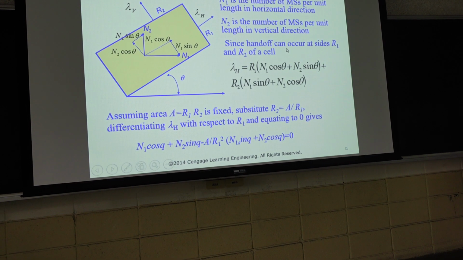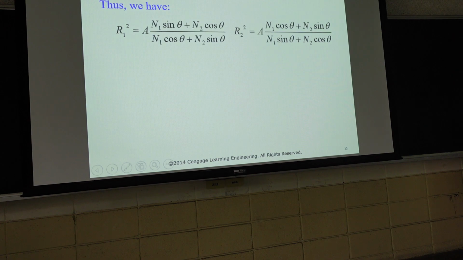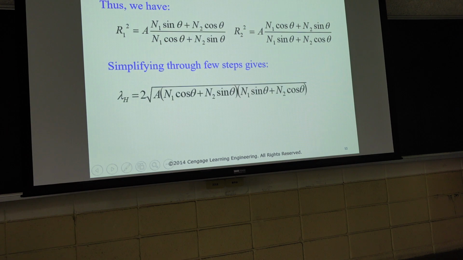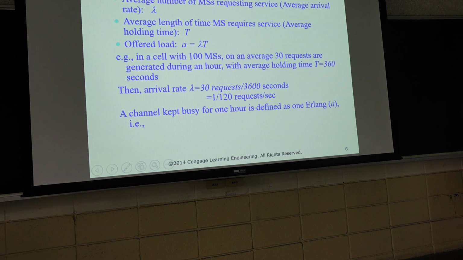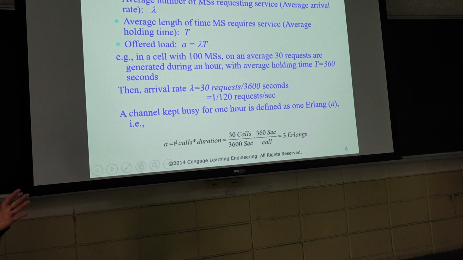Therefore, we can have the handle rate, and if we want to optimize the parameter, we can minimize the handle rate. Finally, through minimization, we can have the results here. Okay, I skip. Finally, we can have the calculation for the cell capacity. That's all up to now.